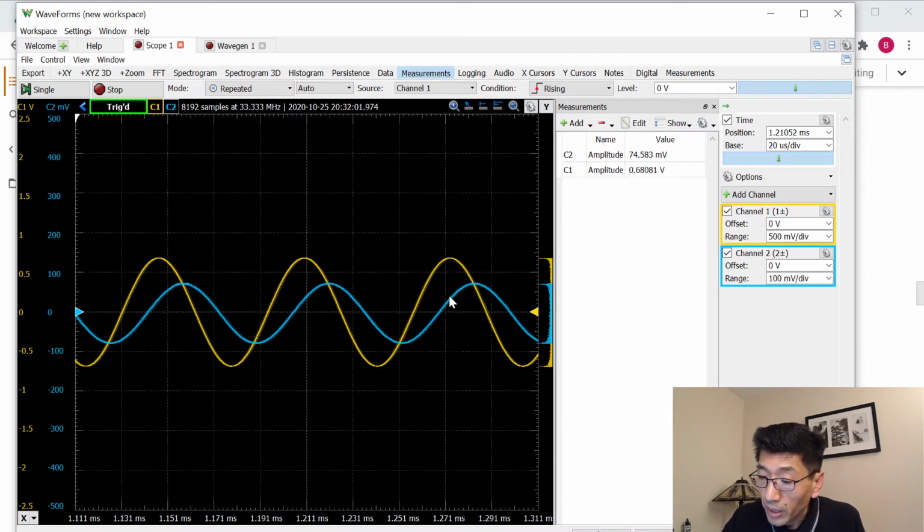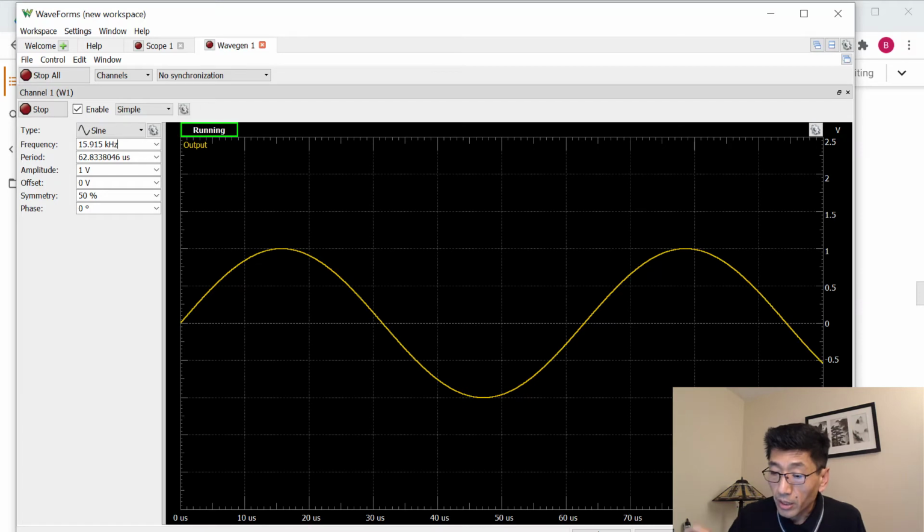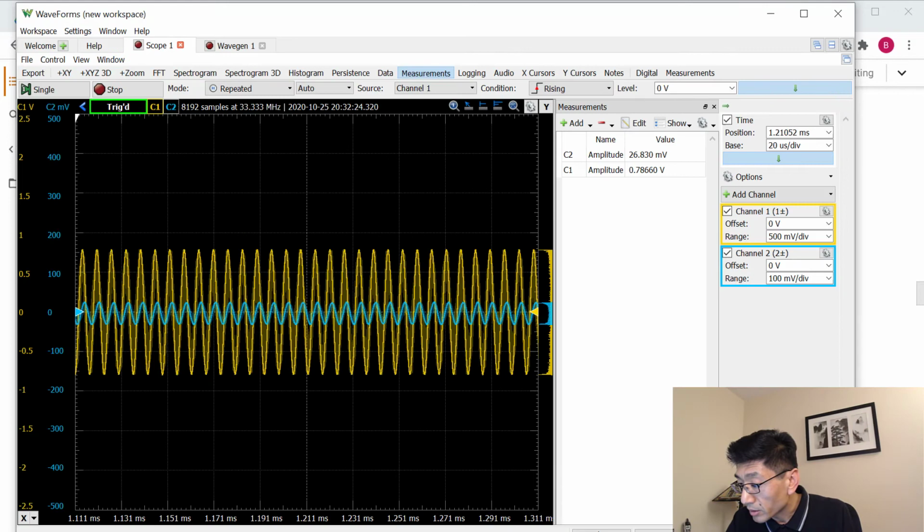So let's see a higher frequency. I'm going to the function generator, and I'm looking at 1 megaradian per second. That's 191.15 kilohertz. In this case, I need to change the time scale on the scope, 10 times smaller, so I'm going to use 2 microseconds per division.